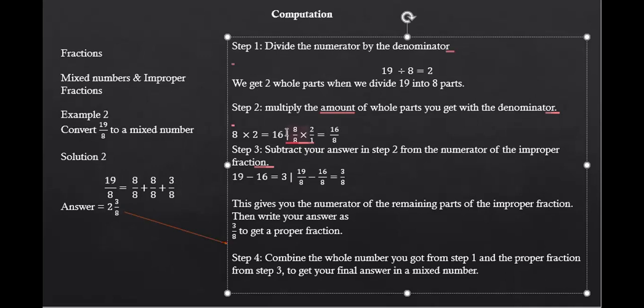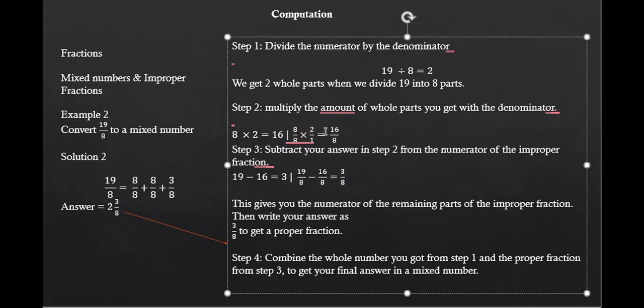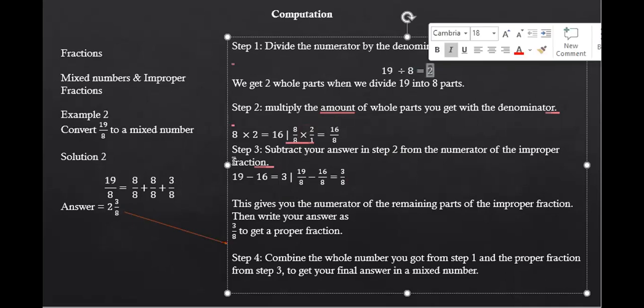One other way to look at it is 8 over 8 multiplied by 2 over 1, which really gives us 16 over 8. And this will allow us to know how many eights we can find within 2 wholes. That is basically what this is doing.